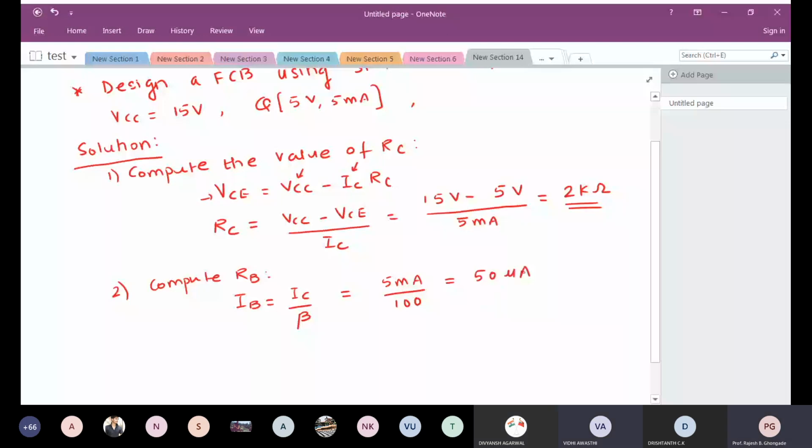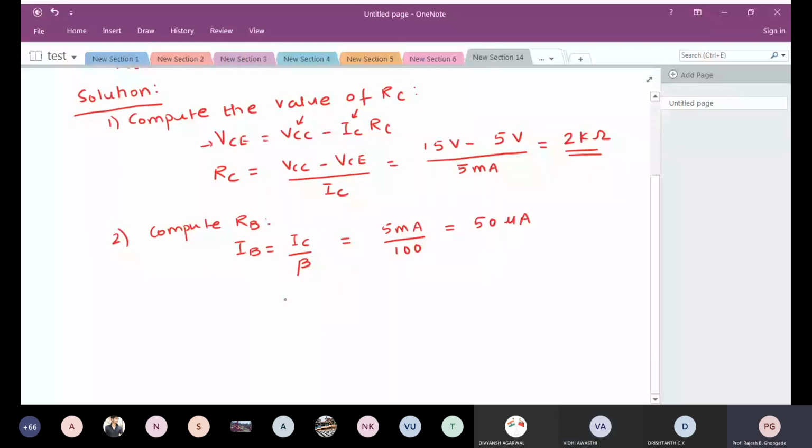Now I can use this equation IB equals VCC minus VBE divided by RB, or conversely I can write RB as VCC minus VBE divided by IB.